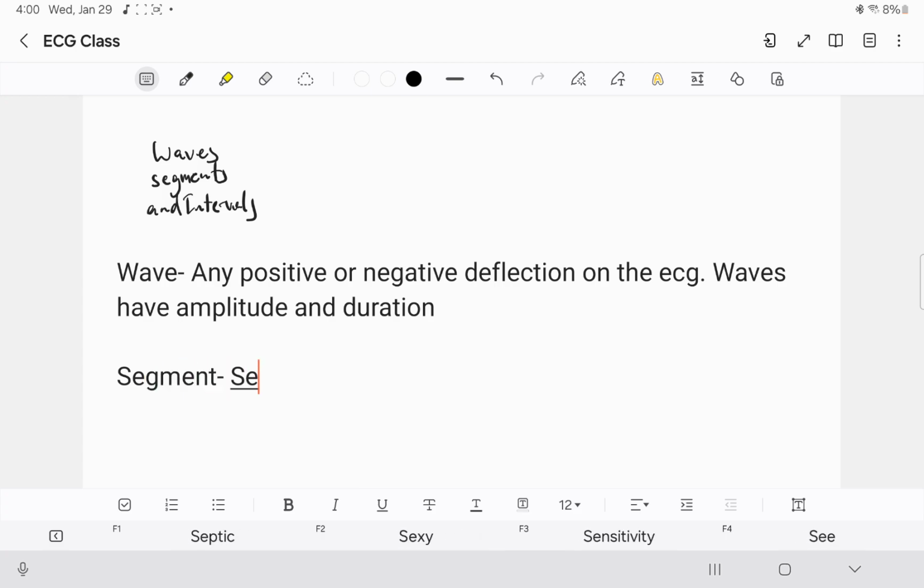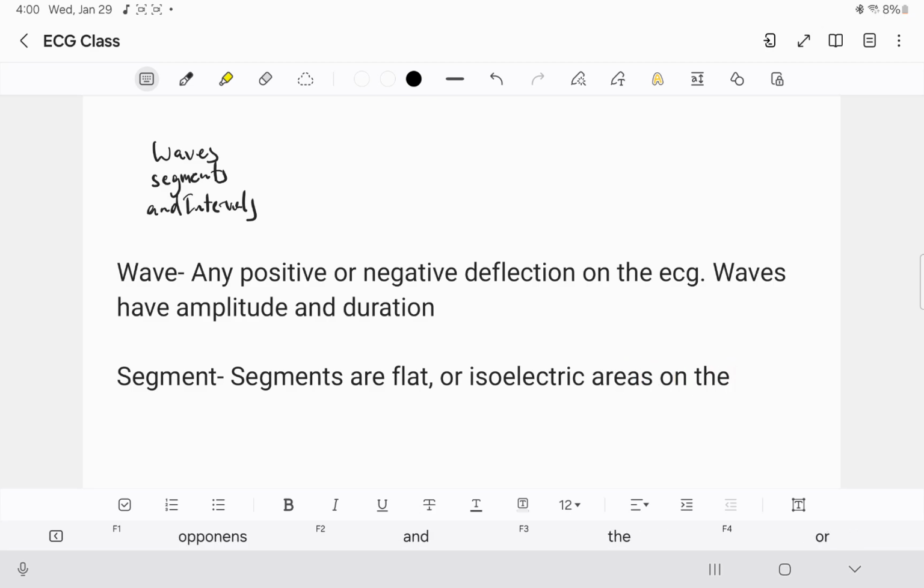Okay, what's a segment? So segments are flat or isoelectric areas on the ECG between two waves.